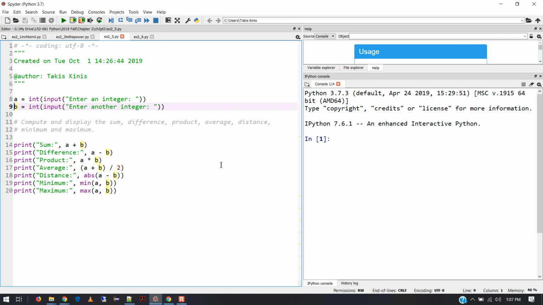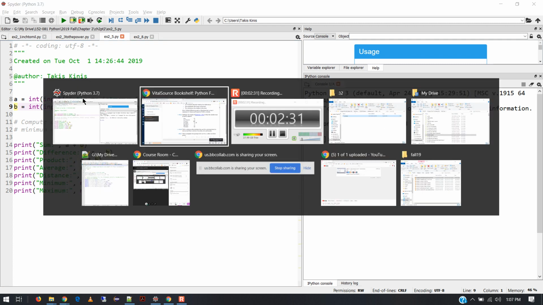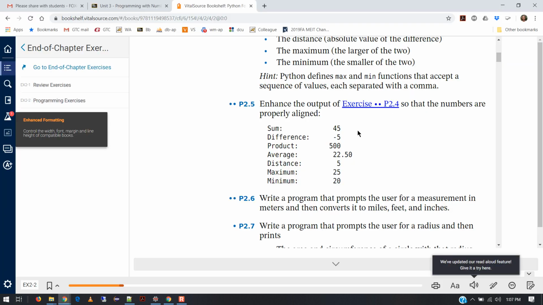And then if you look at what they're doing in the book here, they have this output and it's really nicely aligned. So notice the decimal points line up and everything is right aligned, because that's what we call numeric alignment.